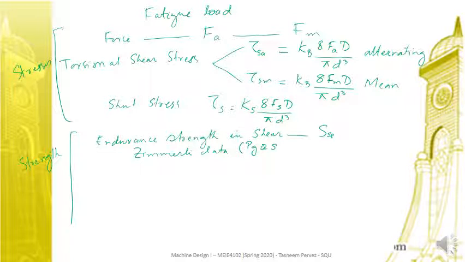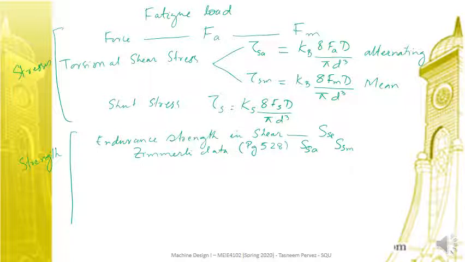Sorry, let me go and I need to erase this because I have written the wrong values. So I'll go back to the pen. Page 528. You will find over there the values for the alternating shear stress, SSA, and mean shear stress.